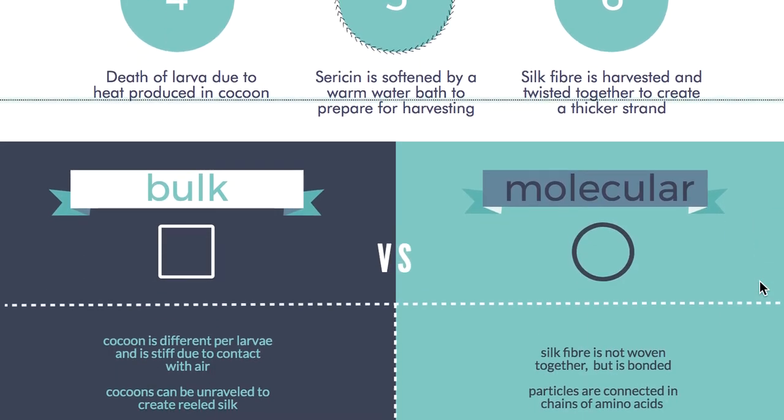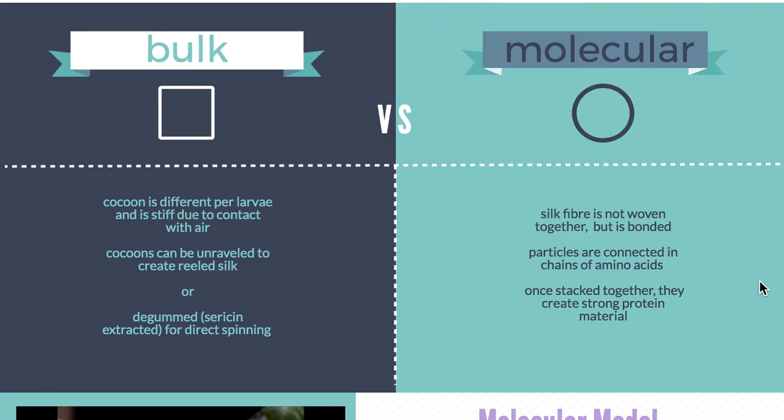So the difference between the bulk and molecular structures is that the cocoon is made out of different strands of silk fiber chains. The cocoon is different per larva, and it can be unraveled to create silk or degummed, which is the warm water process where the sericin is extracted.